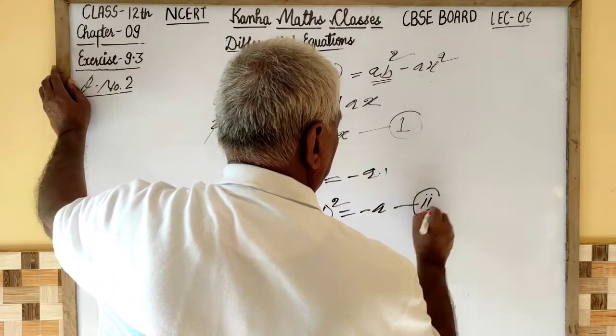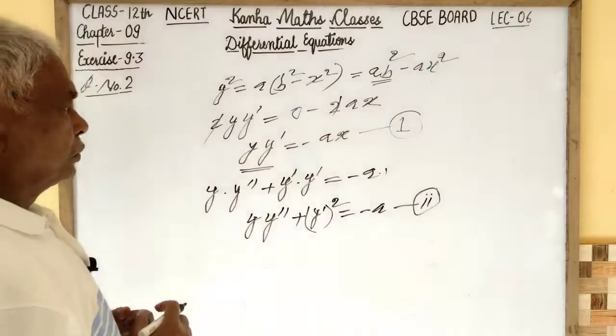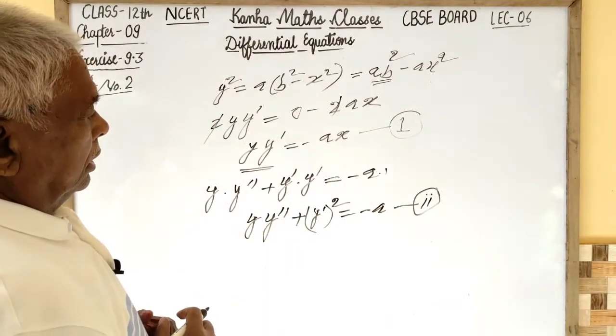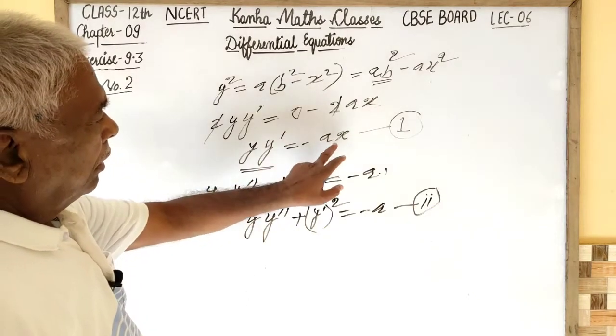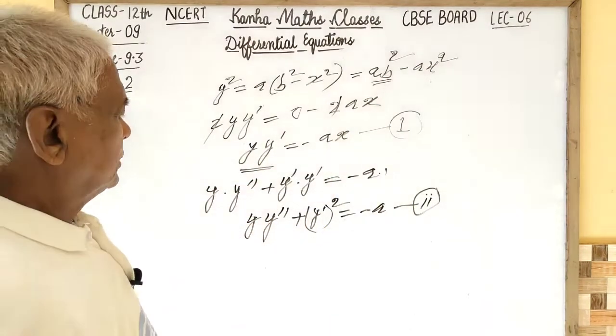If you inspect equations number 1 and 2, in order to eliminate the remaining arbitrary constant a, it's very obvious.